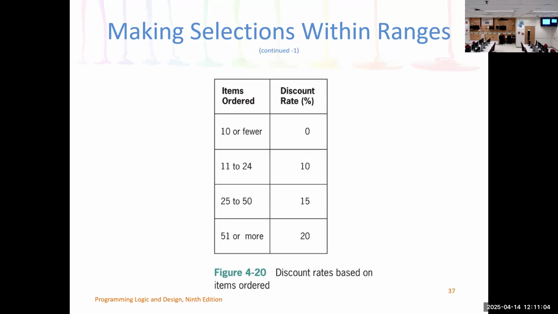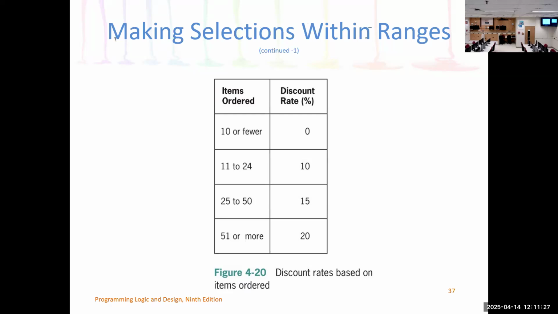If he orders less than or equal to 10 items, you have 0% discount. If the range is from 11 to 24, you have 10%. If the range is from 25 to 50, you have 15%, and greater than or equal to 51, you have 20%. That is the range.